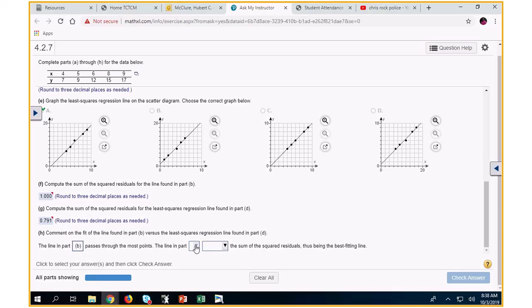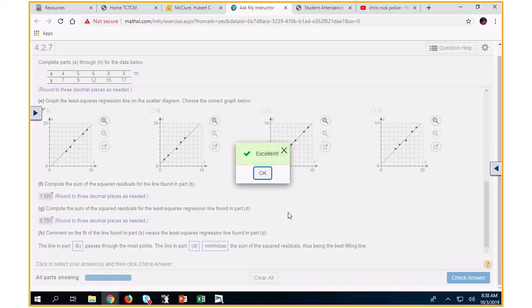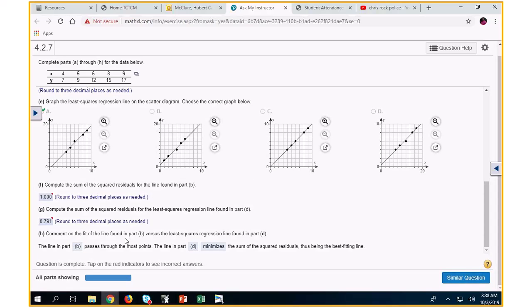And I'm just going to say B, and minimize. There is no way in Hades I got that right. I can't believe that. Okay, now I think the sum, compute the sum of the square residuals, I think that is R, but I think they rounded. It says round to 3 decimal places.